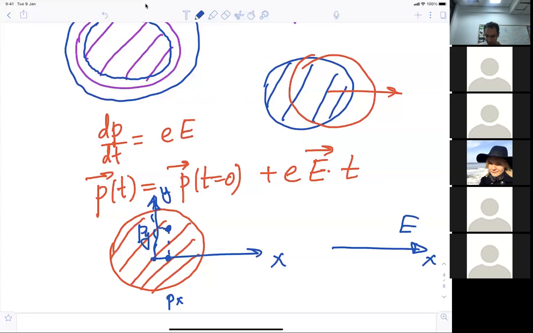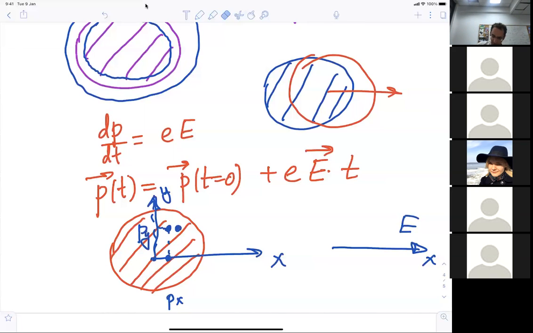So what happens to the component Py as time goes? Nothing. What happens with the component Px as time goes? It increases. So it means that after time passes, this blue dot will move to here, schematically.